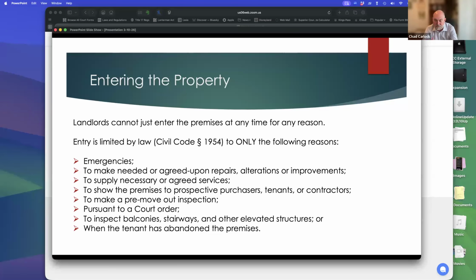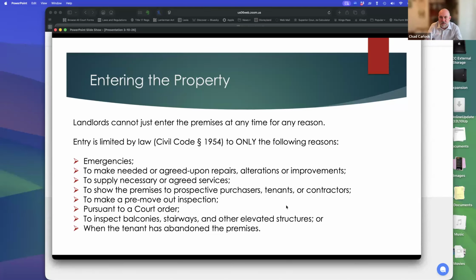So if there is, for example, a habitability issue or the heater's not working or whatever, you can enter for that purpose. To supply necessary or agreed services. So that can be things like yard service or pest service and that sort of thing. You and your agents can enter to do those sorts of things. If you're the landlord and you own the lawnmower and they don't, and you go over there every couple of weeks and mow the lawn, that is something you can enter for.